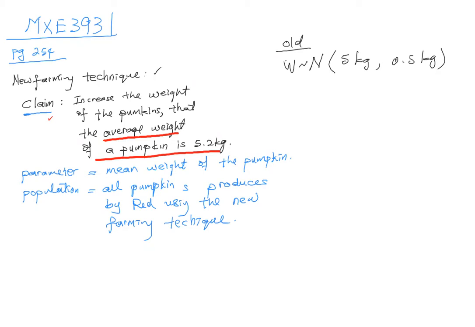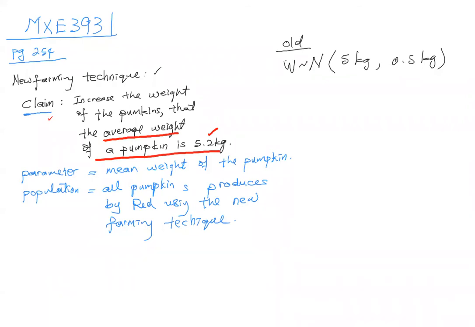Then Rick's friend argued this. Now Rick tried to take a sample. Actually, I add on to this: this is a claim. So he takes a sample.